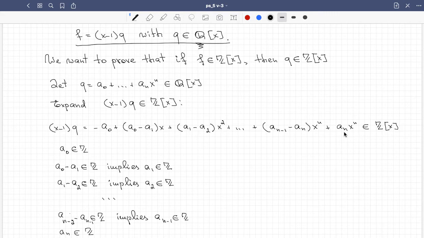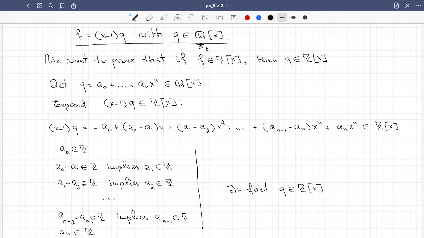That's all. That tells us that, in fact, Q is in Z of x, not merely in Q of x. And that is the end of story. That was the last statement.